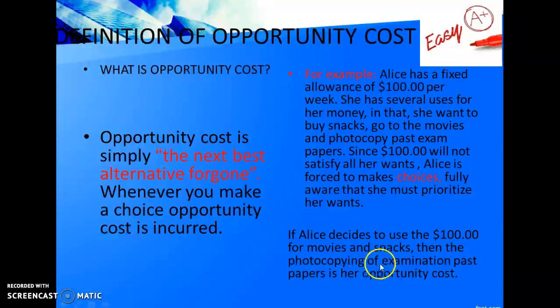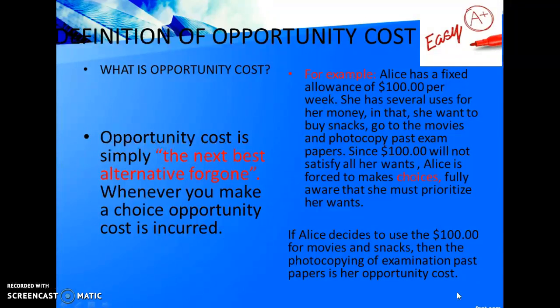Then the photocopying of examination papers is her opportunity cost. The photocopying of her examination papers is her opportunity cost because Alice gave that up. Alice gave up the photocopying of the examination papers to watch a movie and buy snacks. Are we seeing what I'm talking about right here?